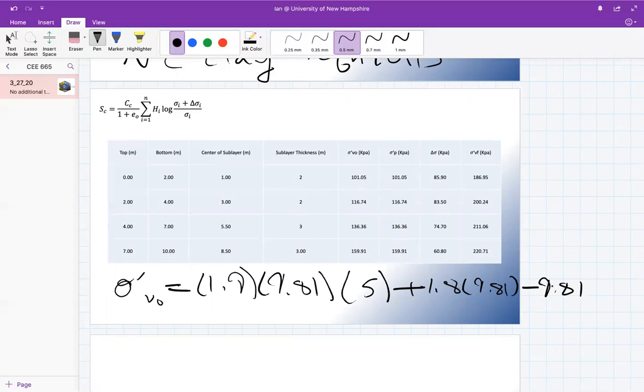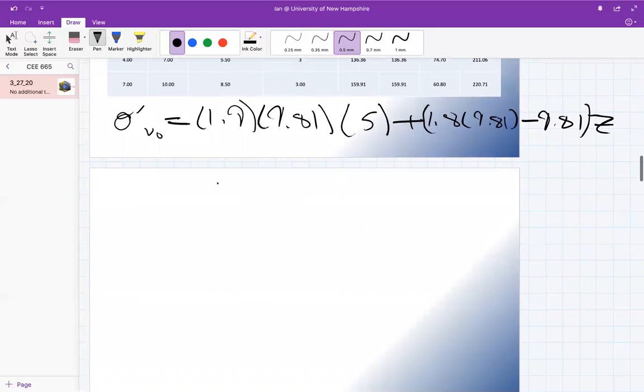Then we multiply by a depth of Z, because we don't know where yet. So our sigma V naught equation is going to be 93.2 plus 7.85 Z.